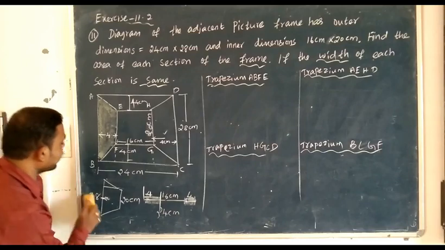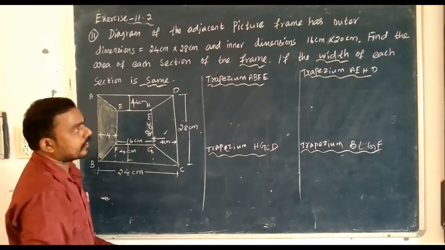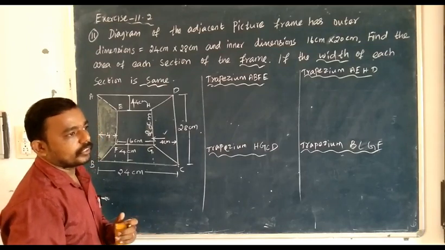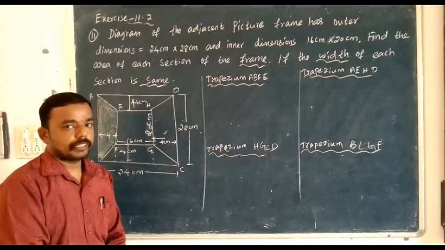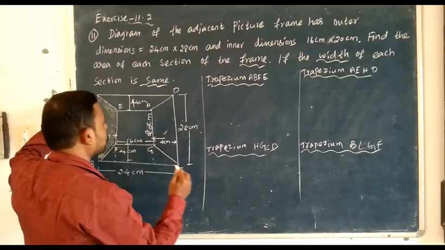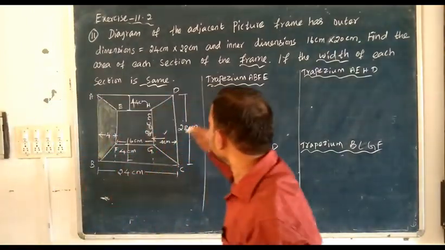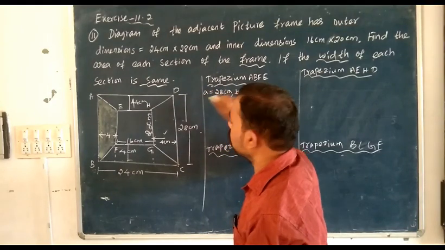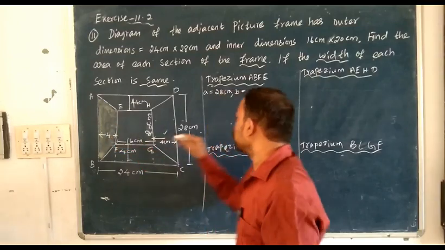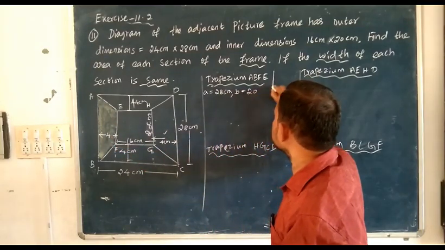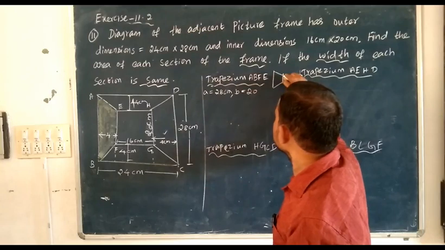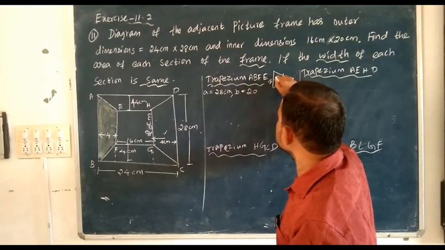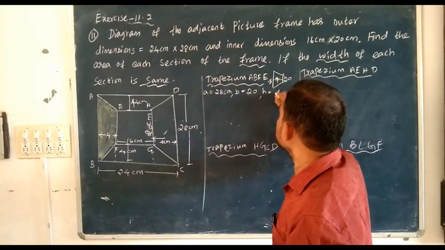So using this data, we are going to find the value. For that, the area of a trapezium, we know, is 1 by 2 h into a plus b. For this frame ABFE, A is equal to 28 and B is equal to this inner side, 20, and h is equal to 4.